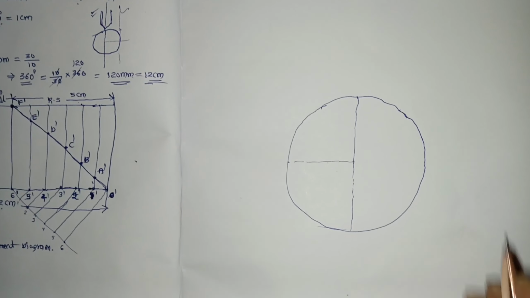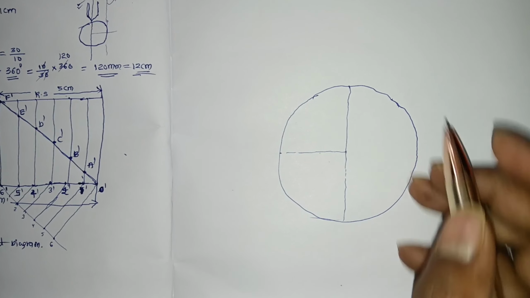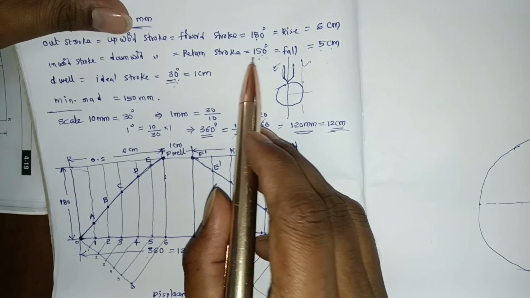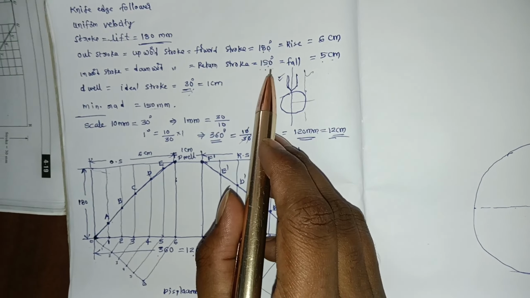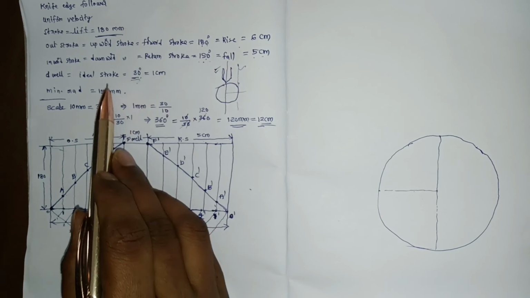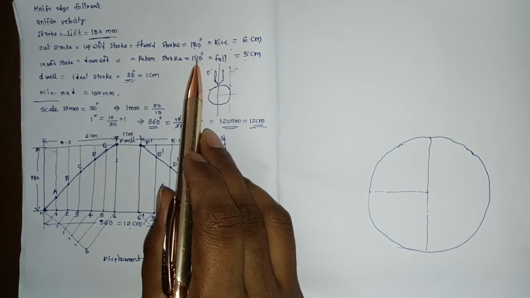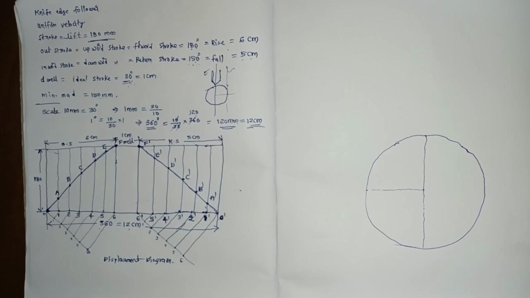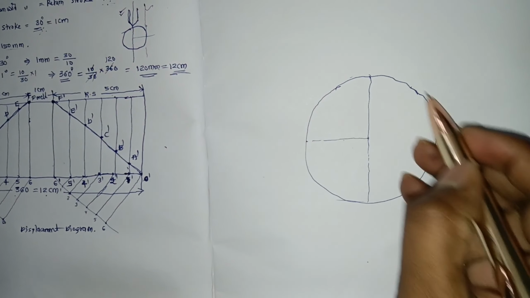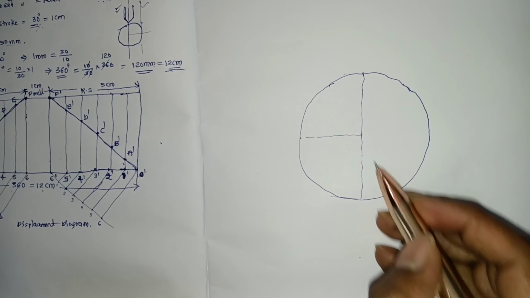After that you have to take the next angle, that is 30 degrees. After the rise you have the dwell, that is 30 degrees, and then finally you have to take 150 degrees. That means the entire angle is 180, and this is also 180, but after that you have to take 30 degrees from this.